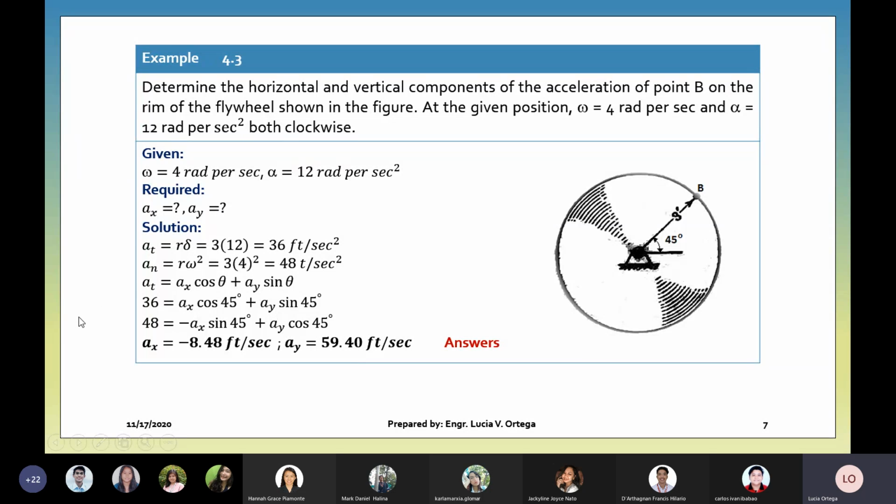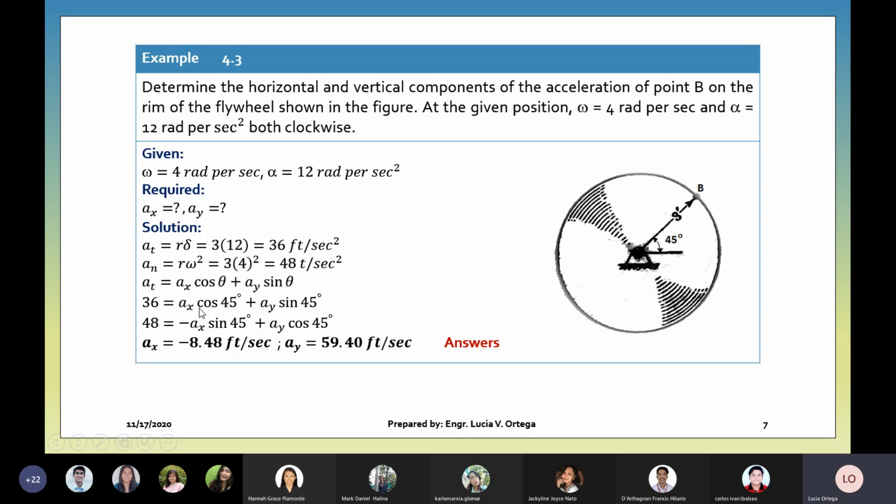So remember, we have this equation. Tangential acceleration is AX cosine theta plus AY sine theta. Okay. So we substitute the given values.